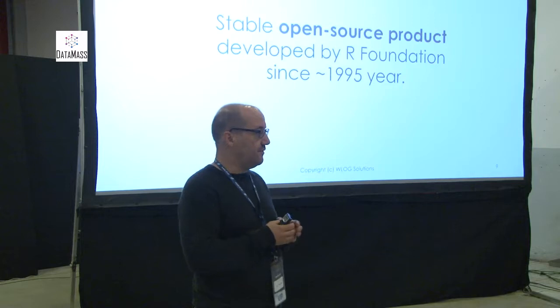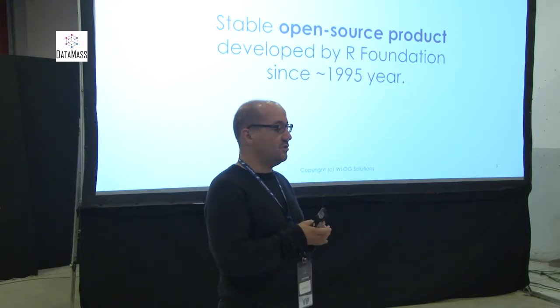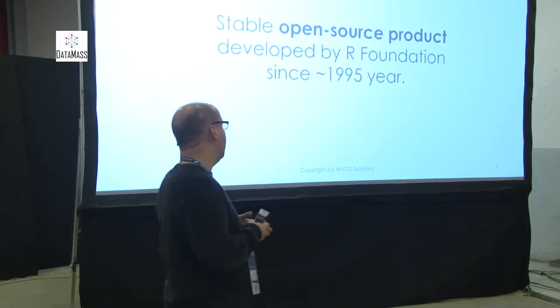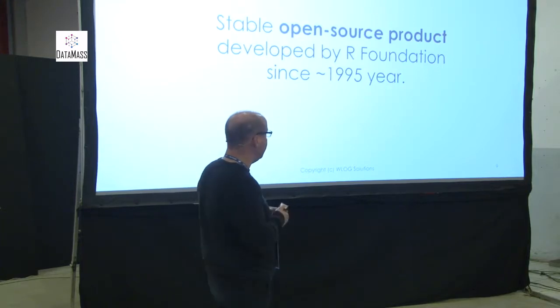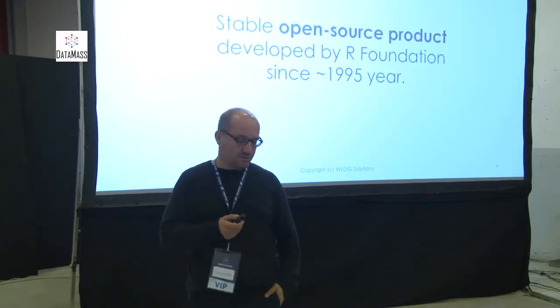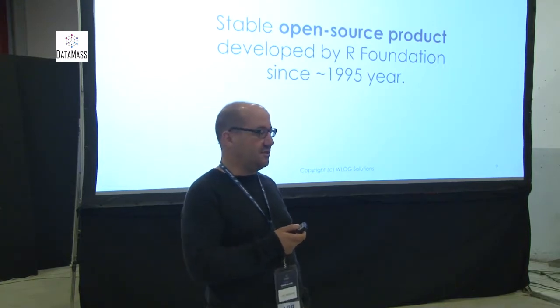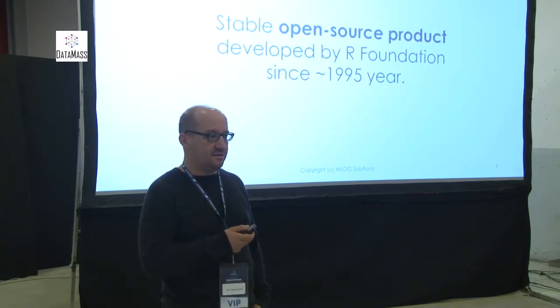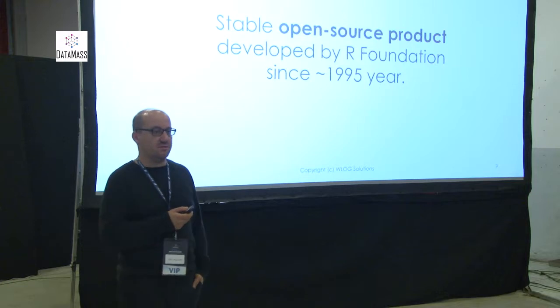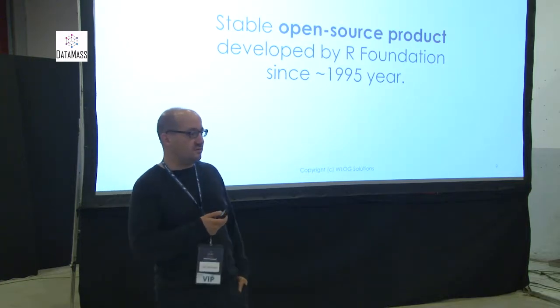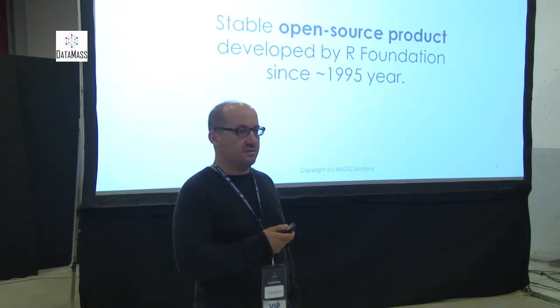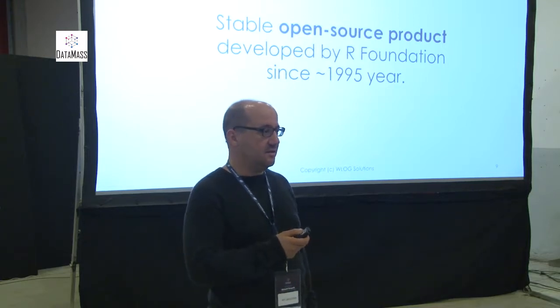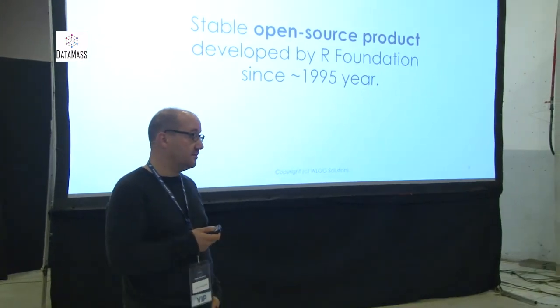If you think about stability in computer science, using R we have delivered a solution to Deutsche Bank. It was 7 years ago, and it's still working without any big problems. So open source done right can be very stable.